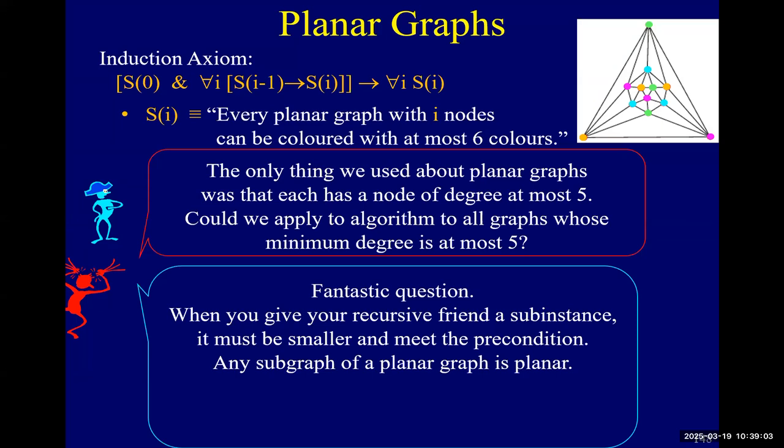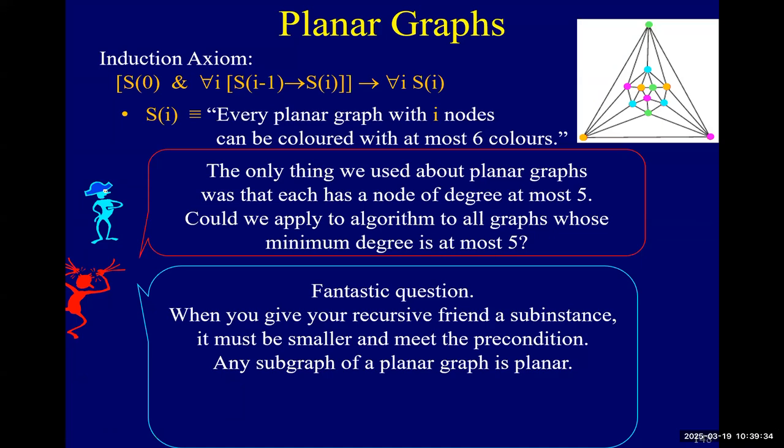Because suppose I was given this graph. What's true about this graph? It's a scary graph with high degree, right? But it has a low degree node. If I delete this low degree node, what do I have left? A scary graph, right? So this says, I'm given a graph with a low degree node. I delete it.